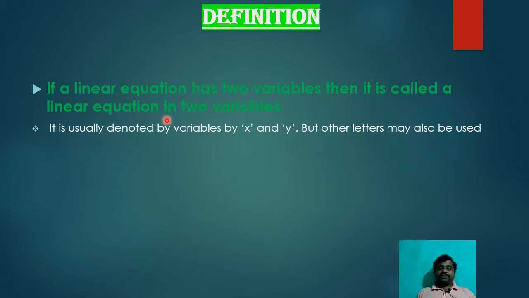Next, it is usually denoted by variables x and y. Variables mean unknown quantities. For example, 1 kilo of tomato and 2 kilos of potato together cost 30 rupees.